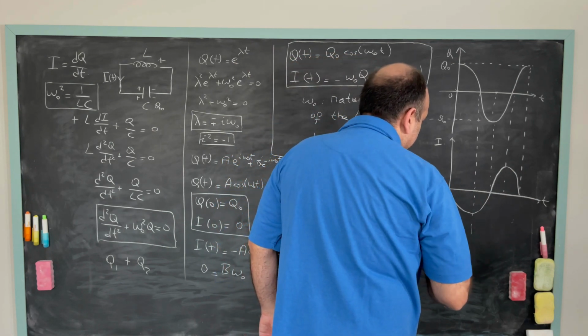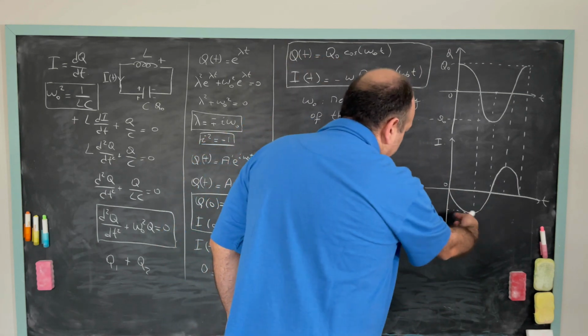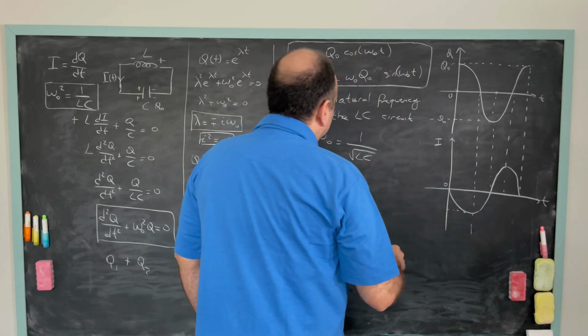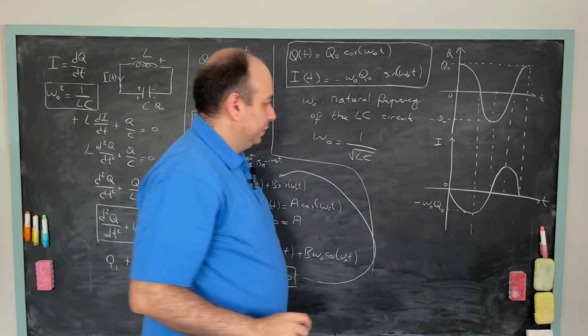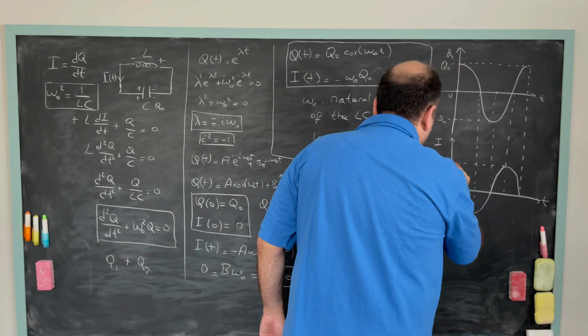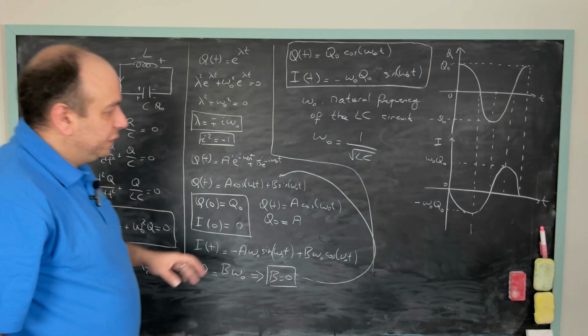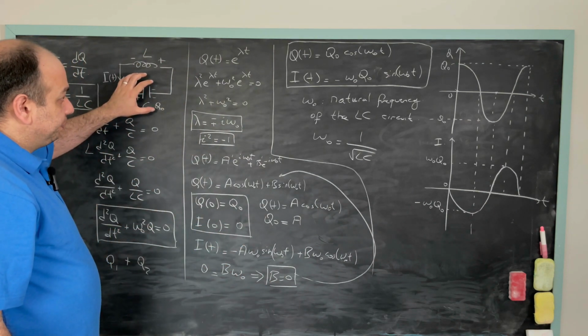So initially it is 0, and at some time t, like quarter of the period, the current would be minus omega naught Q naught. And this value here would be omega naught Q naught. Okay? So physically, what does that mean? Initially, the capacitor is fully charged, okay?